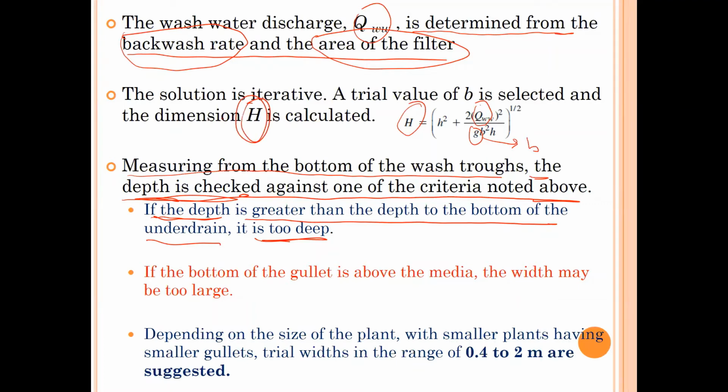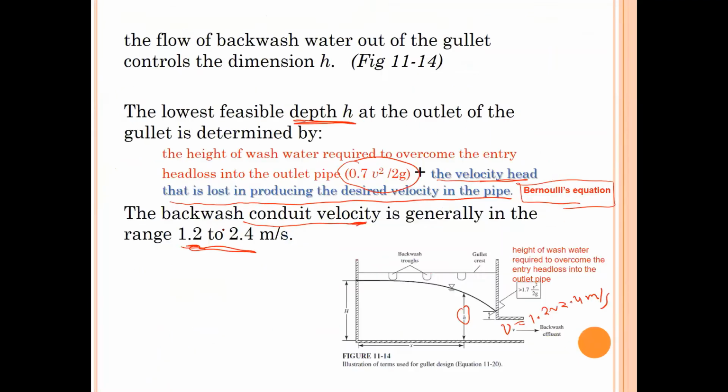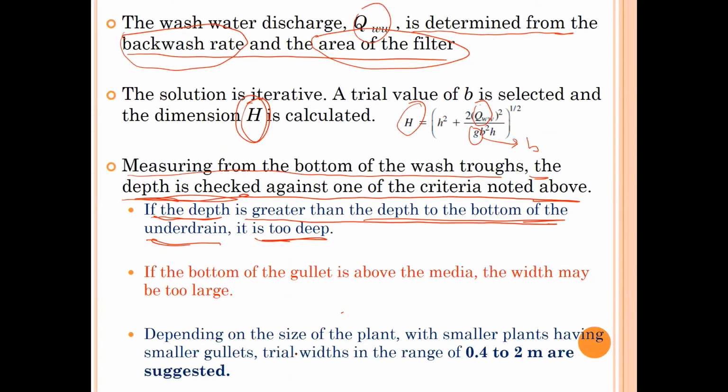So a filter is here, and then you found the depth H here is too deep. This means it's somewhere here. From here, the water level is here, so it's too deep, so we cannot use this one.